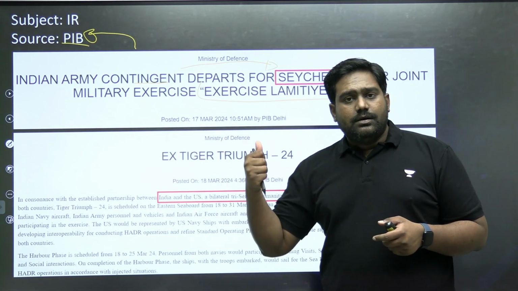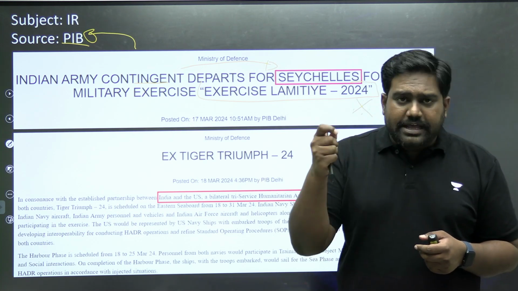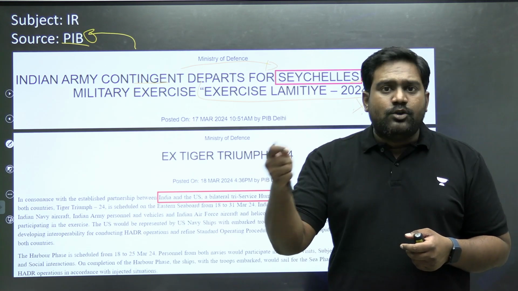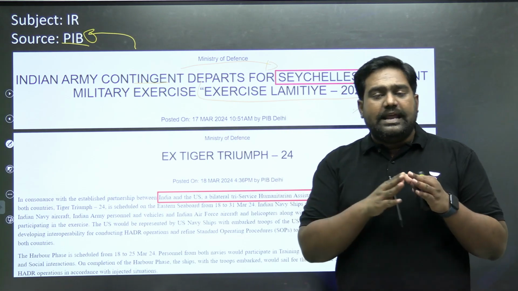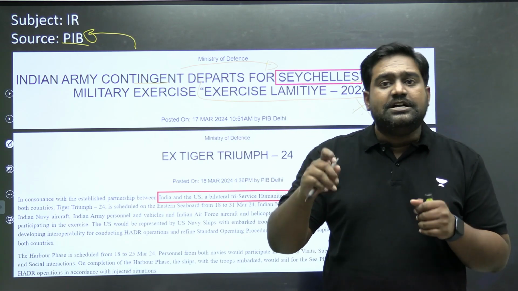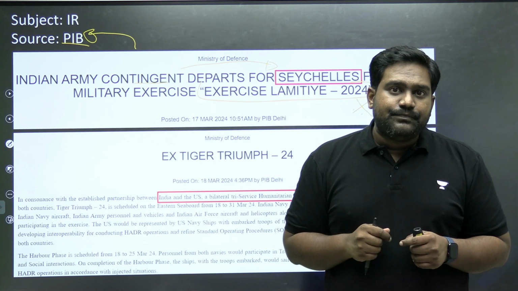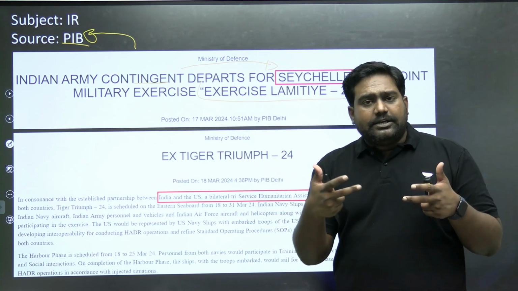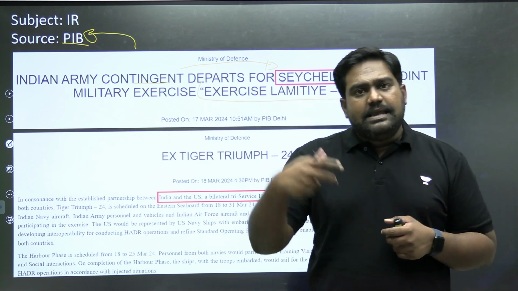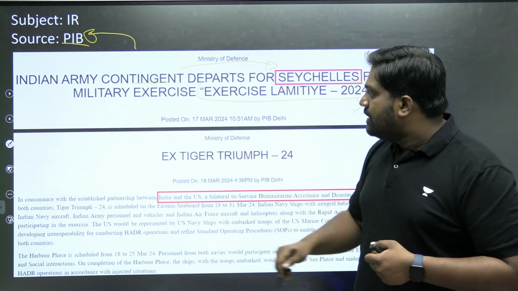So through these military exercises, India has been building close relations with Indian Ocean countries such as Seychelles. So this is a bilateral exercise between Indian Army and Seychelles Defense Forces that happens once in 2 years. It helps in building interoperability, and it brings better coordination between the Indian Army and the Seychelles Defense Forces.